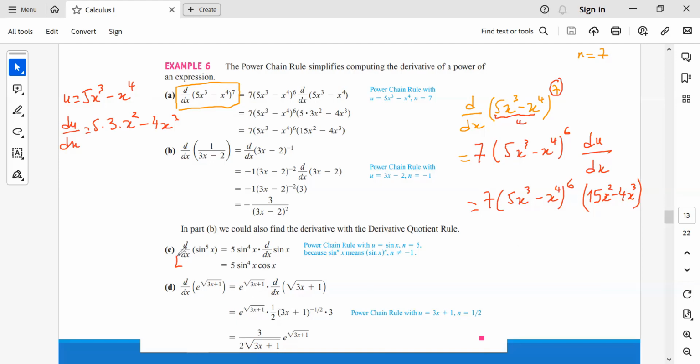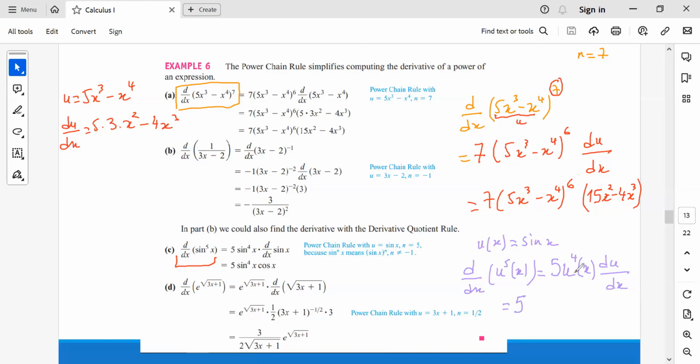Let's see this example, the same idea. Let's say u of x is sine x. The derivative with respect to x of u to the power 5, sine to the power 5, is 5 u to the power 4 times du with respect to x.